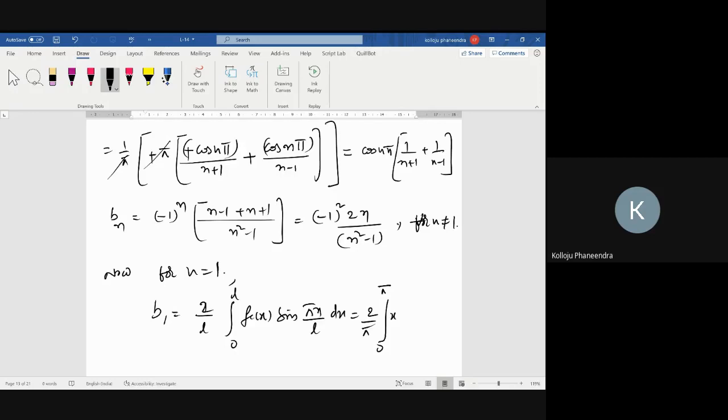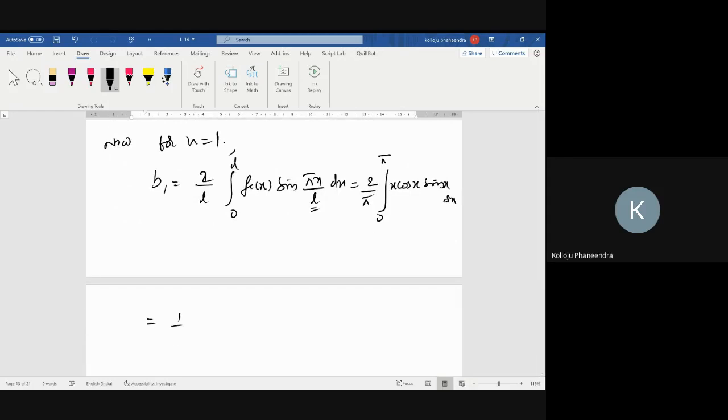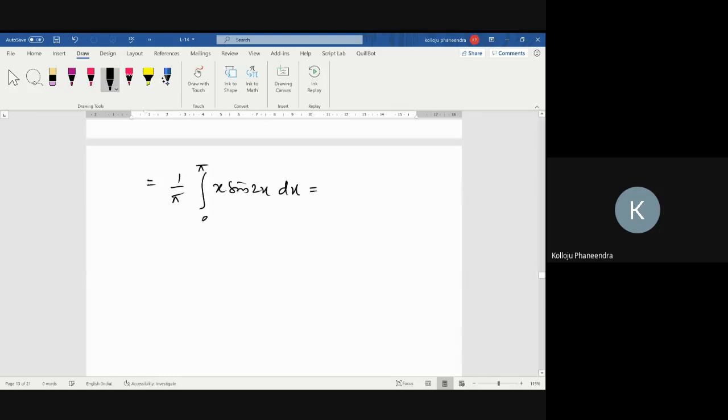X into cosine x, and this L value pi gets cancelled, sine x dx. So take 2 inside. So this is 1 by pi integral 0 to pi. What is this? X into sine 2x, 2 sine x cos x, right? Okay. Let me write here.